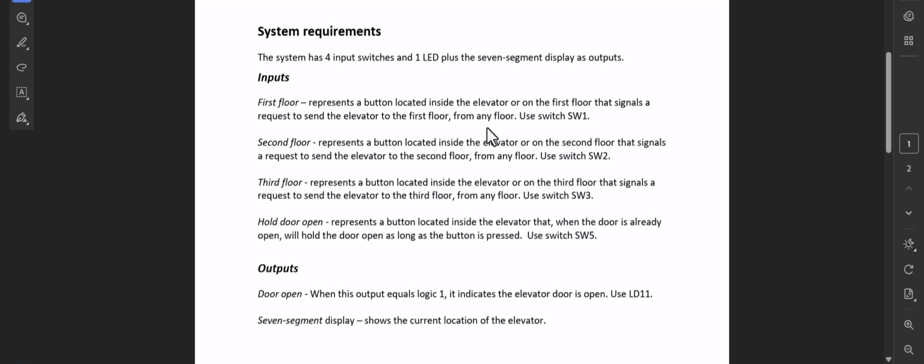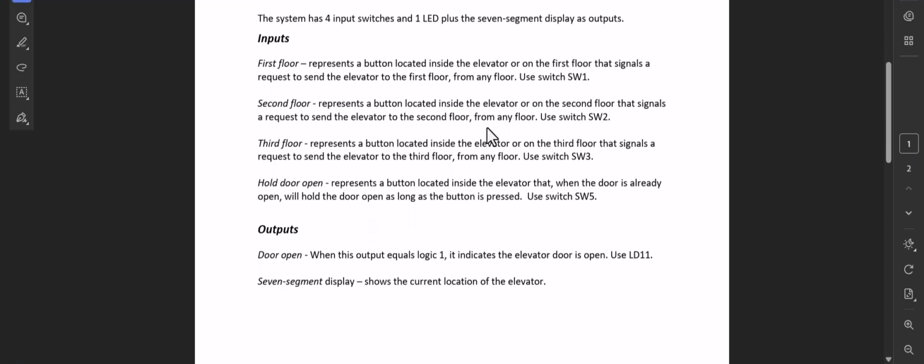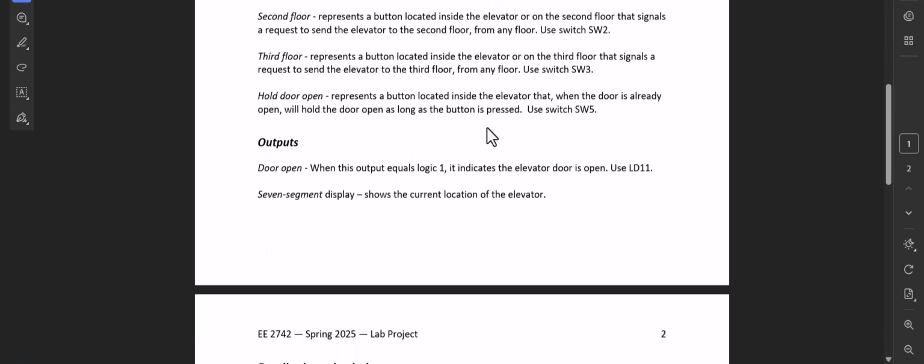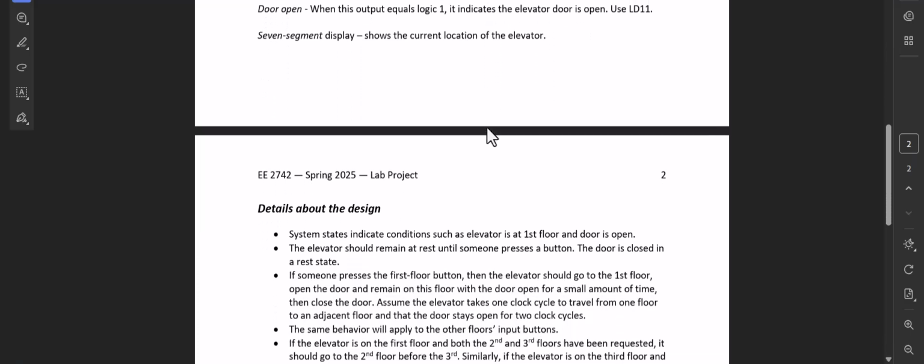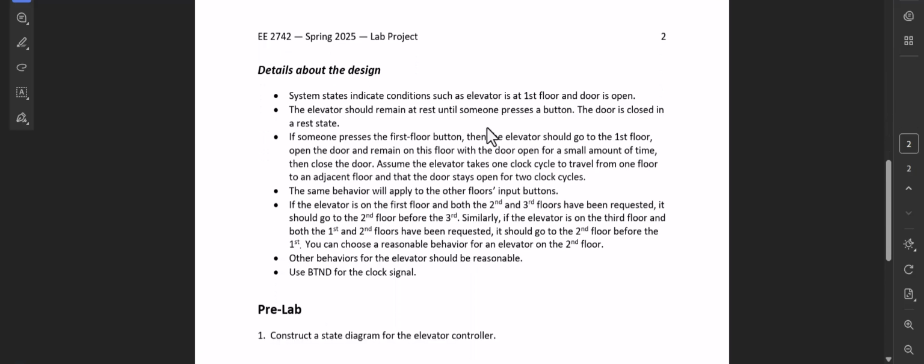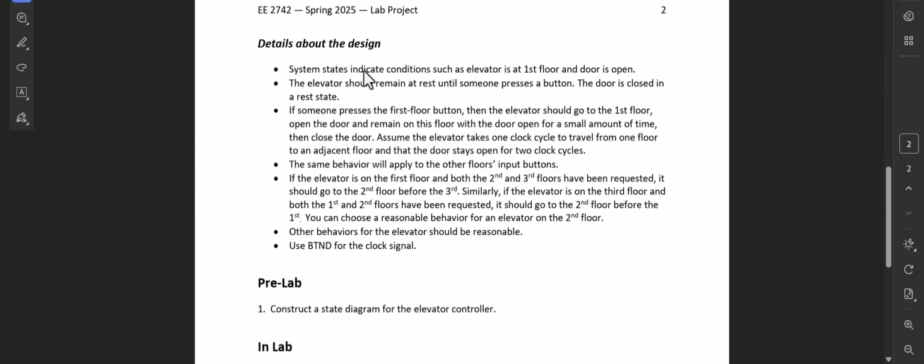And then it has a light to show whether the door is open, because when it arrives at the floor, the door is supposed to be open for 2 clock cycles. The 7-segment display is supposed to show the current location of the elevator. The 7-segment display shows what floor it's on.